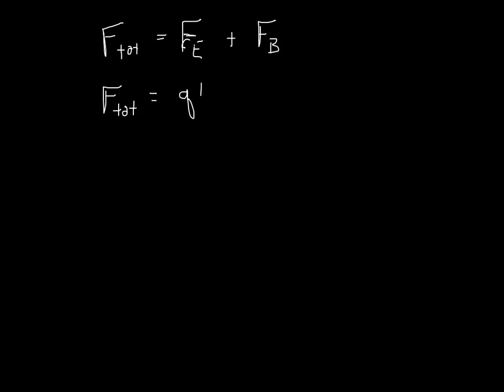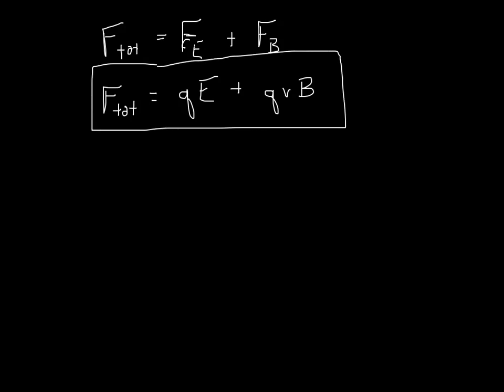It's equal to Q times E. And now we can add in the influence of a magnetic force, Q times V times B. And we can get the total force acting on some object that's in an electric field and a magnetic field.